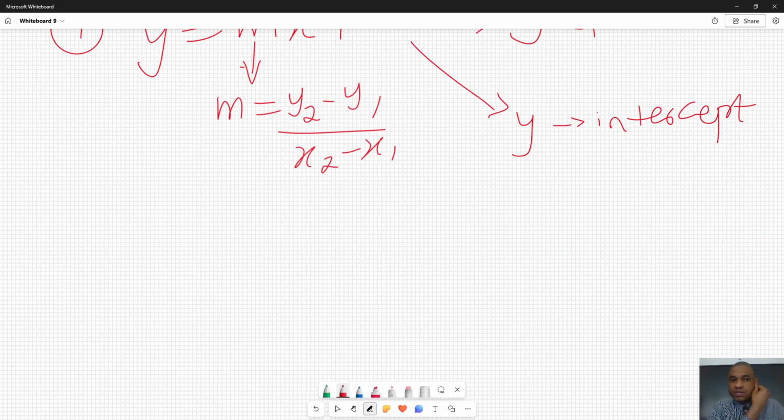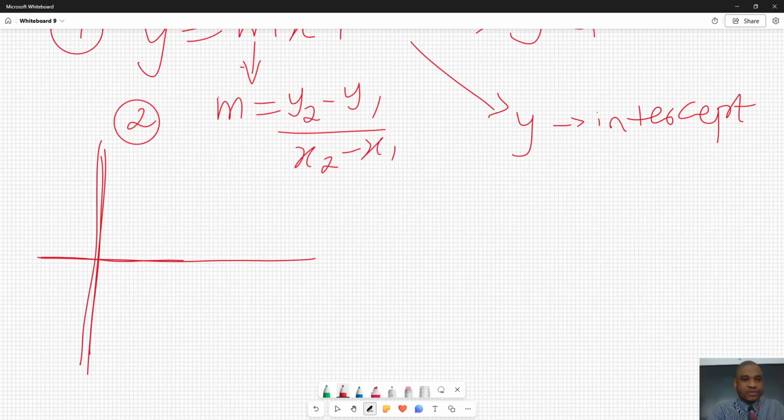So this is the first and second thing you should know about the equation of a line. Now remember it's a straight line. If I have a line like this, this is my y, this is my x, and this is my c. I can find the gradient using rise over run.